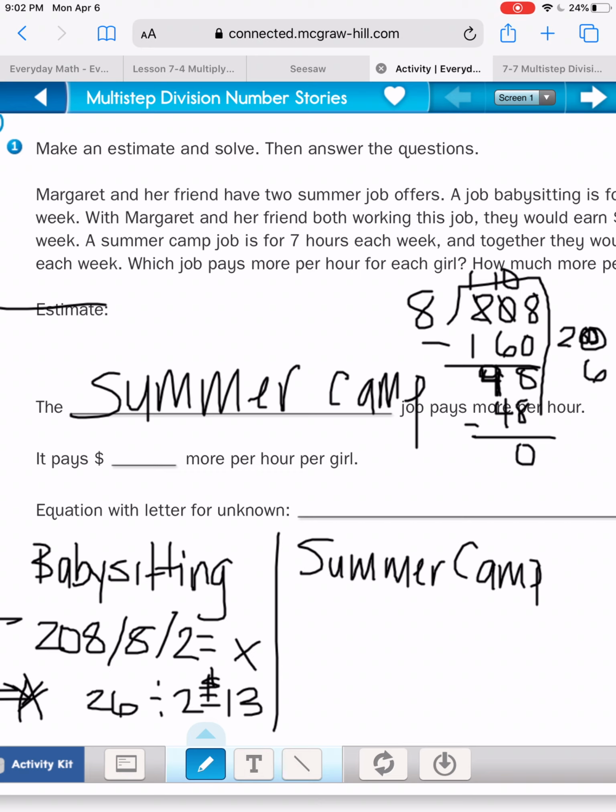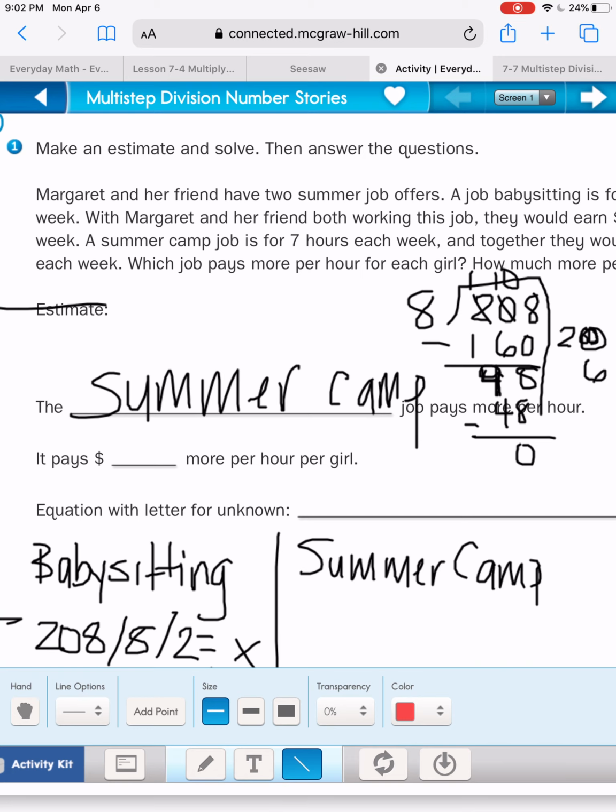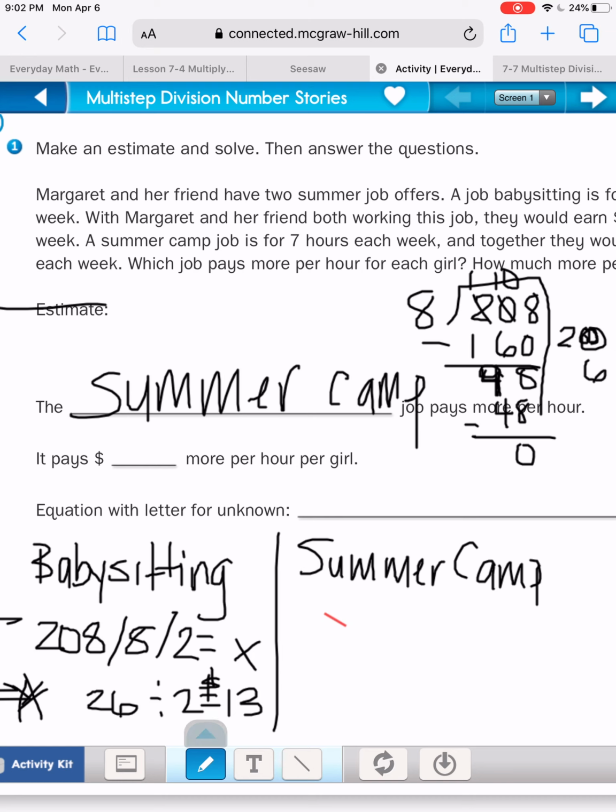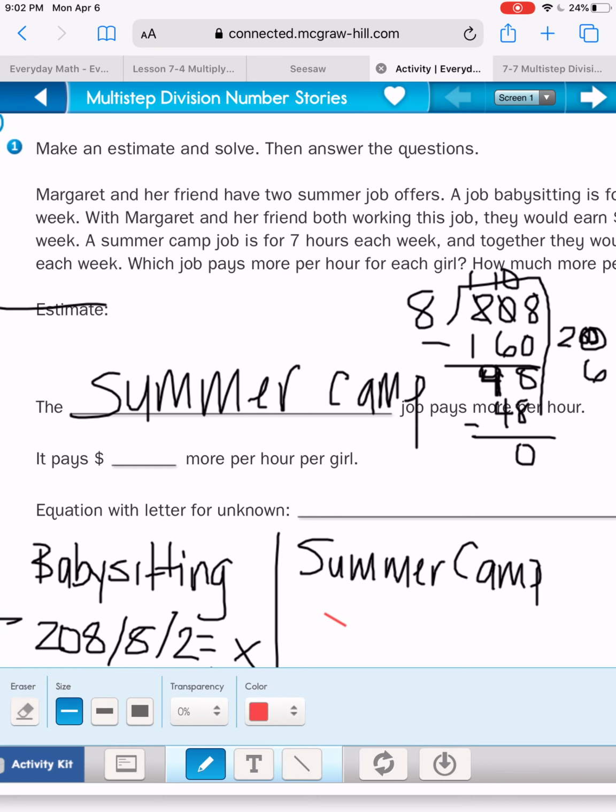So it's $210. I'm just going to change my color so you can see. I'm very tired, so bear with me. We're going to divide $210 by 7 and then divide it by 2. I'm going to have to write small, guys, I don't have a lot of room. 210 divided by 7.